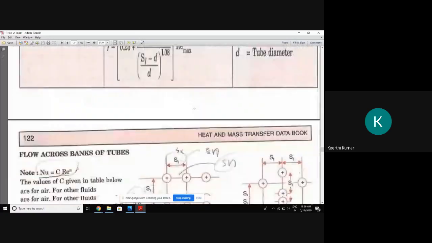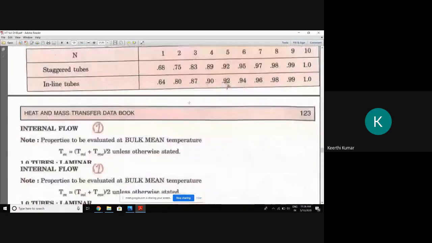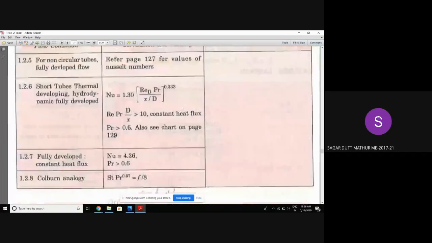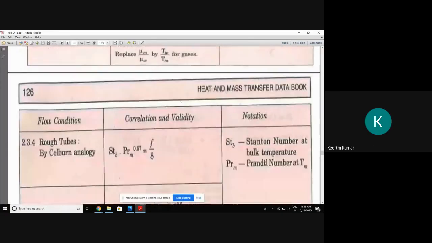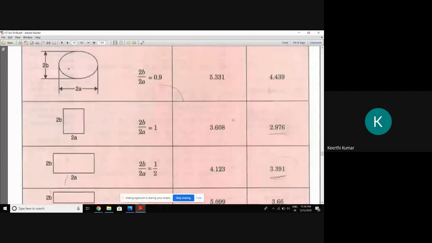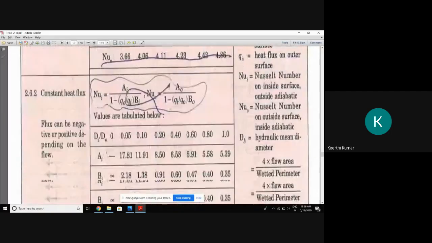Can you see the data handbook now? Yes, sir, we can see. Okay, see here. This is for tubes and page number.